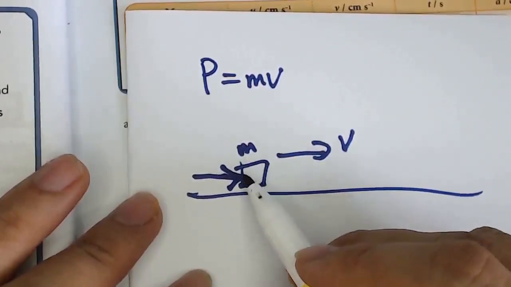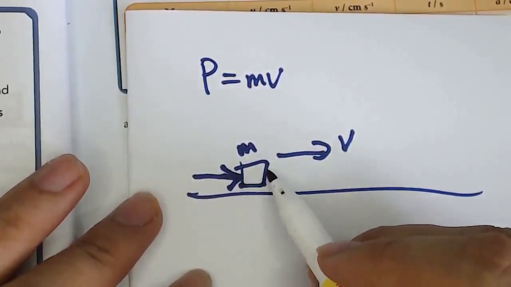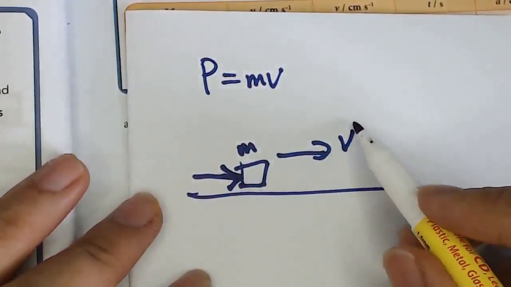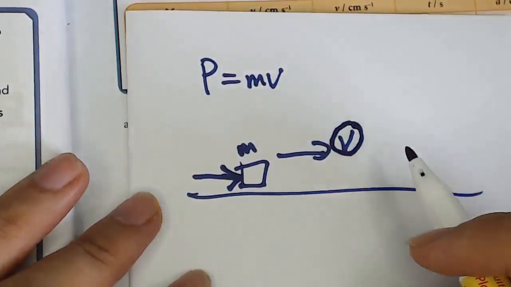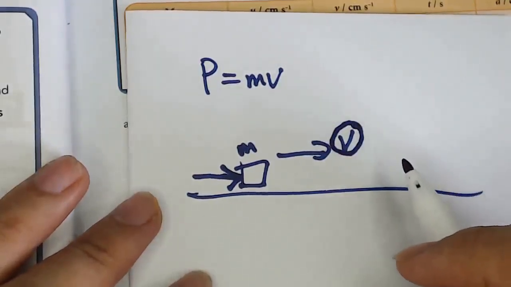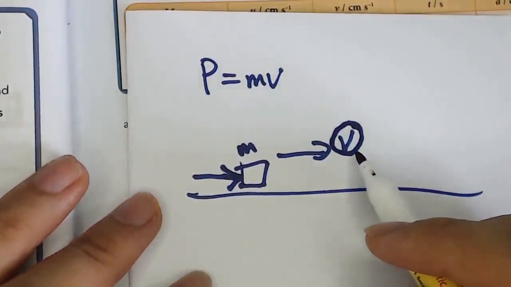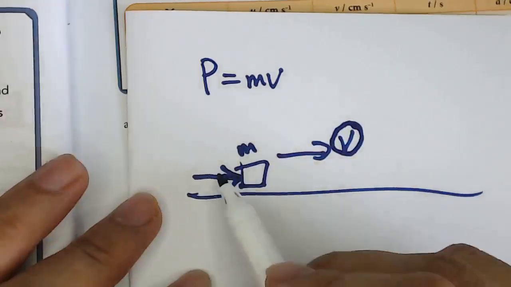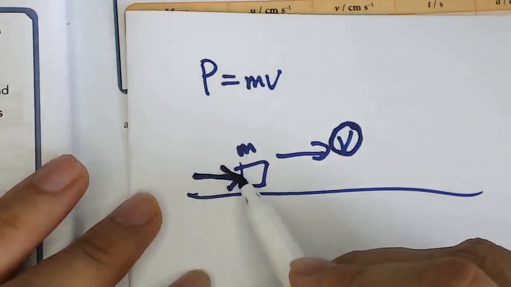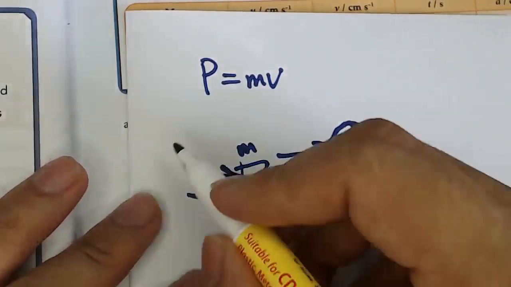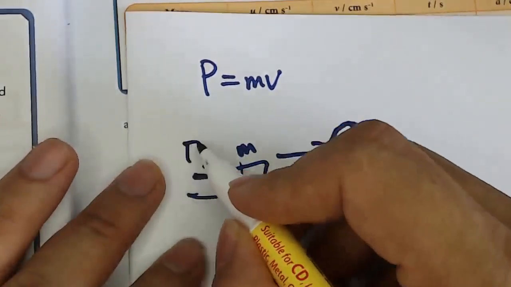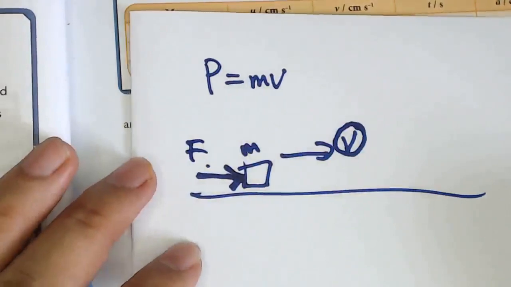Before, the object moves with a fixed speed, that is velocity, not increasing, not decreasing. But suddenly we come from the back here and push the object, which means that we put a force upon the object.